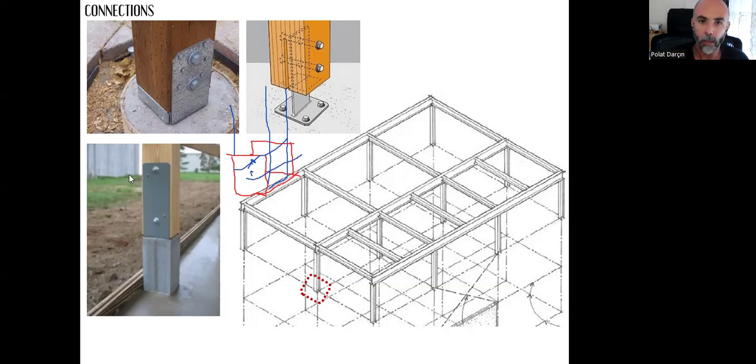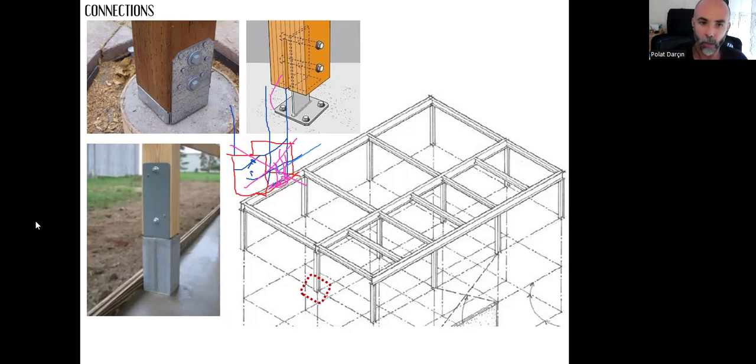And as the raindrops hit this surface, they can stay there, and it can cause the timber post to start decaying from here. So instead of that, if you prefer a connection like this, it will have the chance to dry out without decaying.